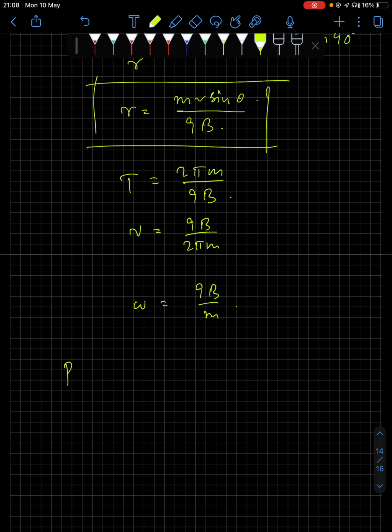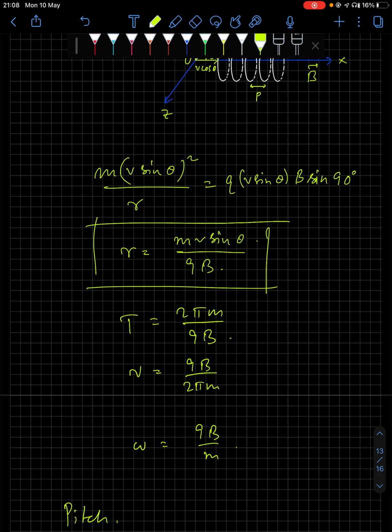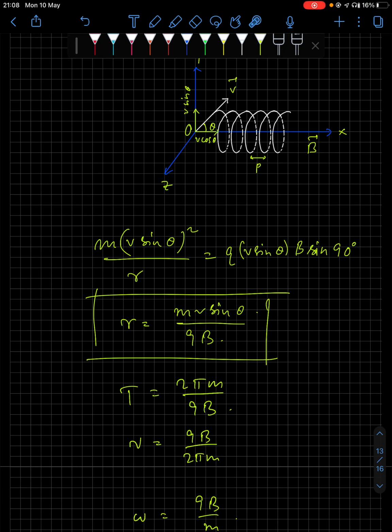Now, what is the pitch of the helix? You see, when the charged particle completes one oscillation and the next oscillation, since the path is helical, the charged particle also has a linear displacement along the magnetic field.